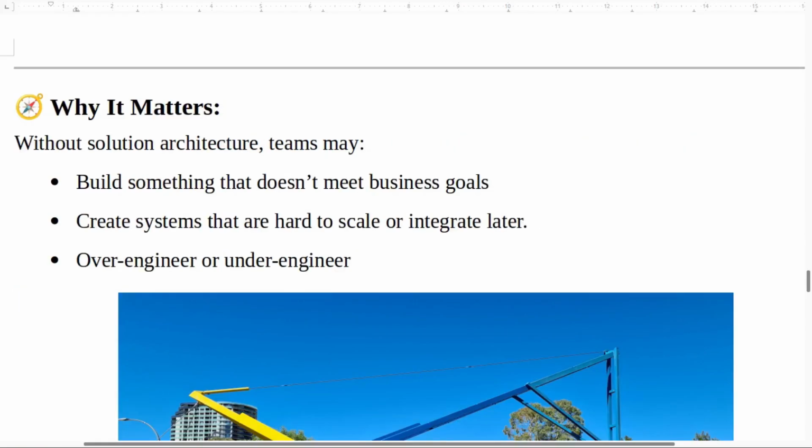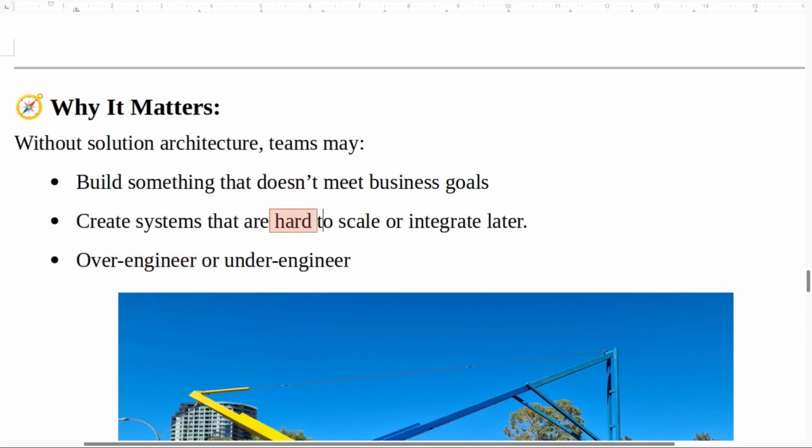So to conclude this video, let's see what happens if you don't have a solution architecture defined. The greatest risk is you may end up spending money on something you didn't need and not get what you want. Or you might over-engineer to spend much more than what you should have actually spent.